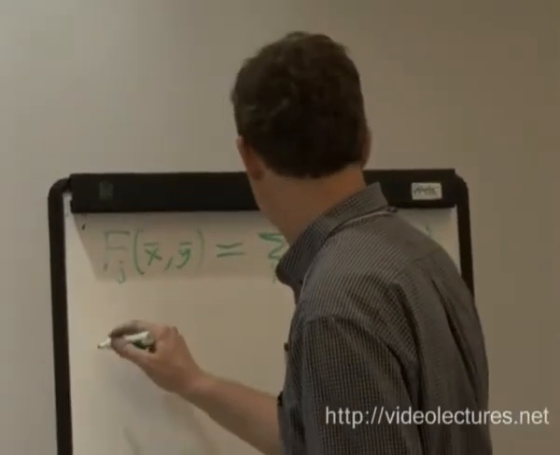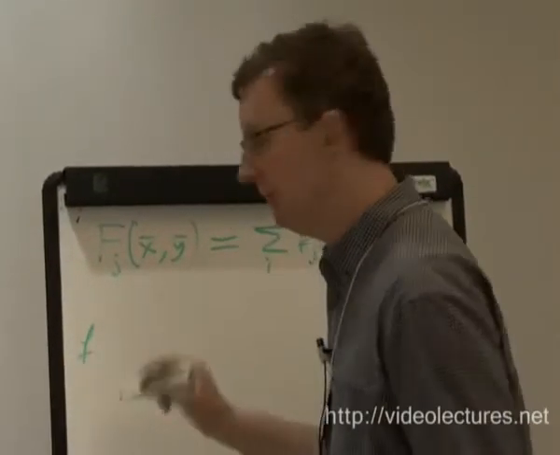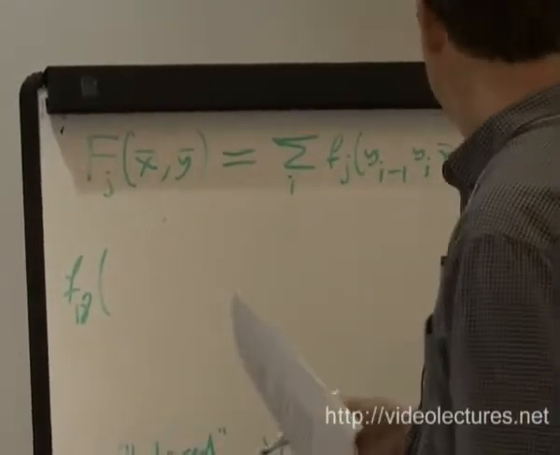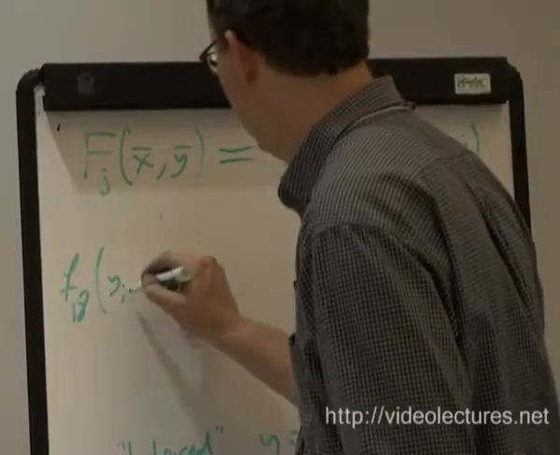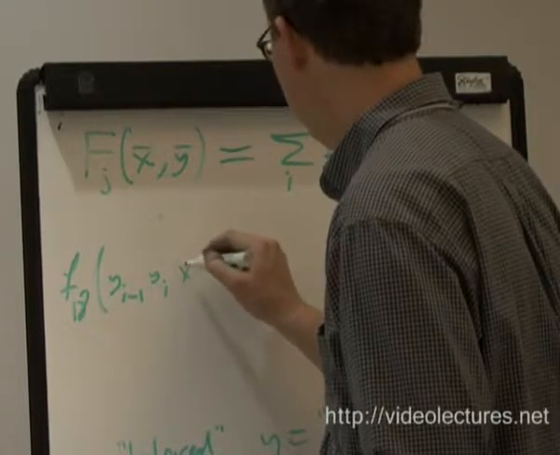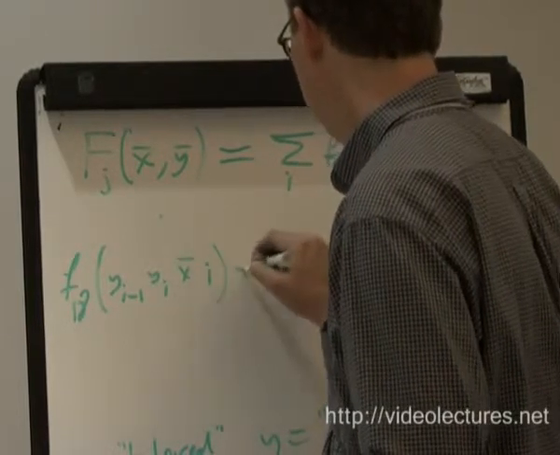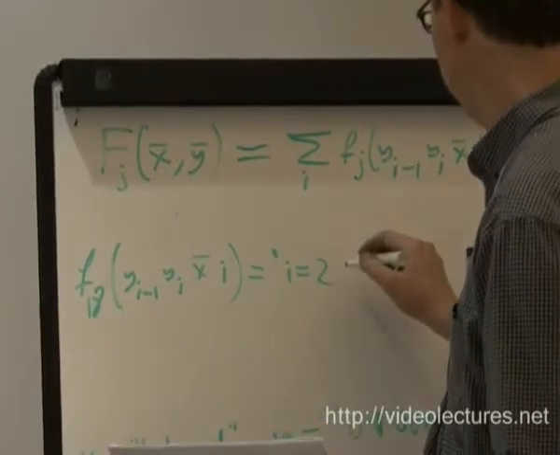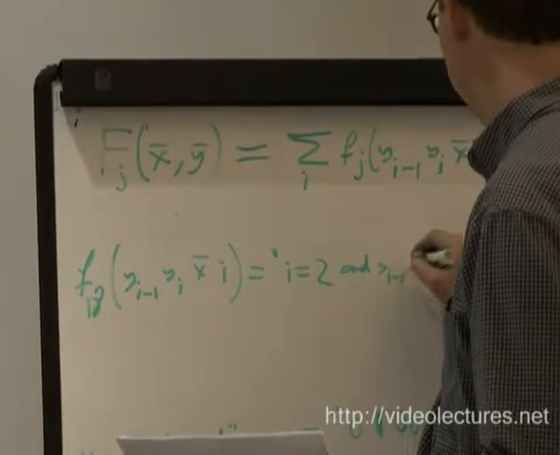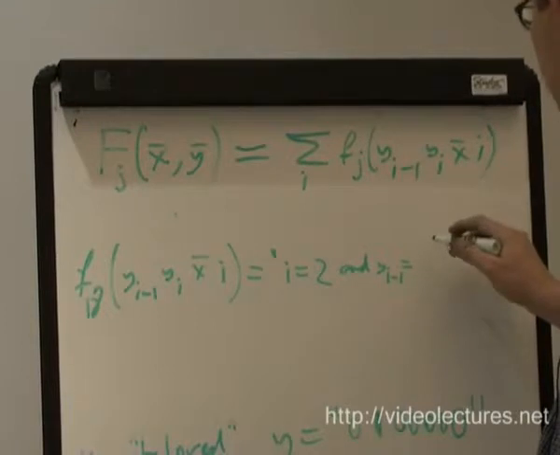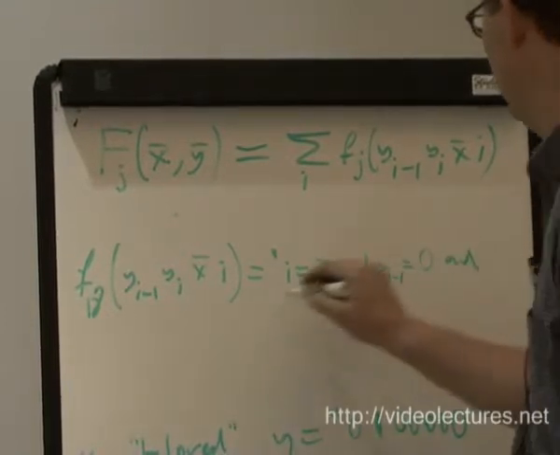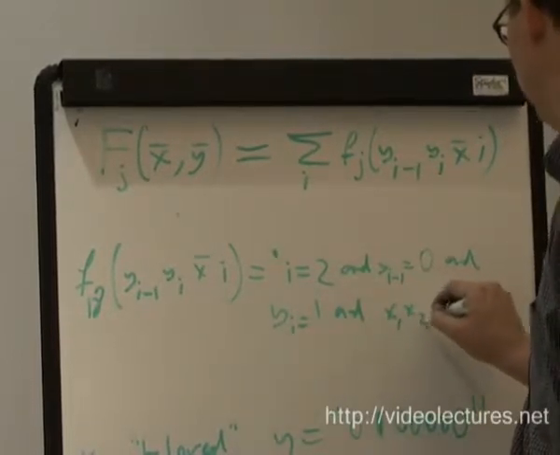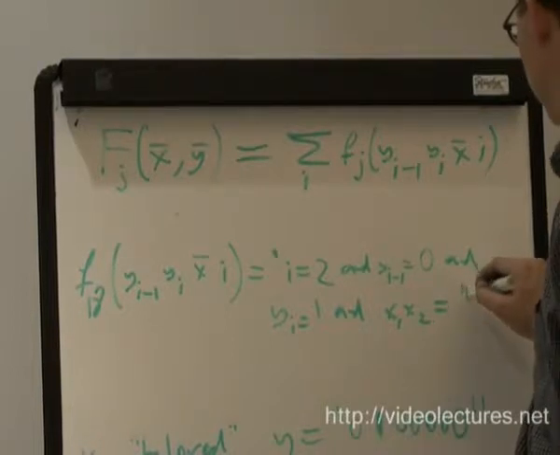So an example of a feature function, little feature function 18, of y_{i-1}, y_i, x bar, i might be: i equals 2 and y_{i-1} equals 0 and y_i equals 1 and x1, x2 equals AM.